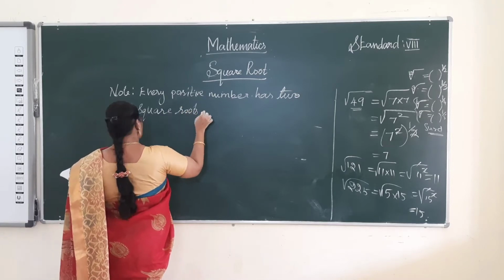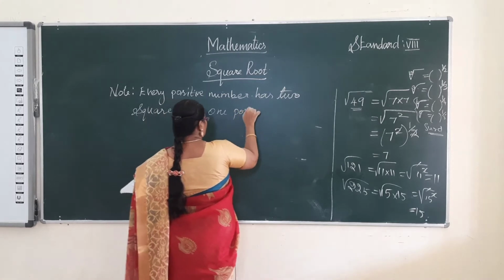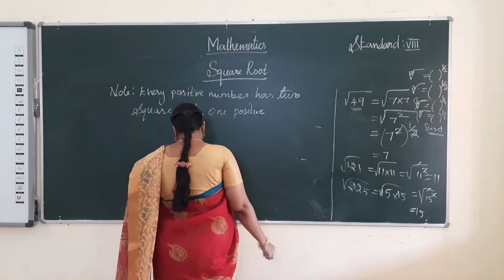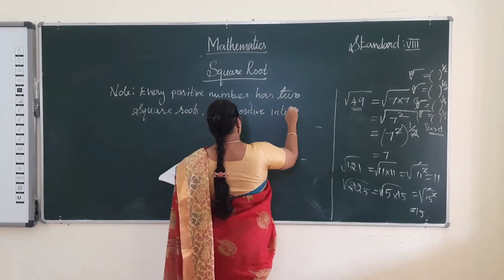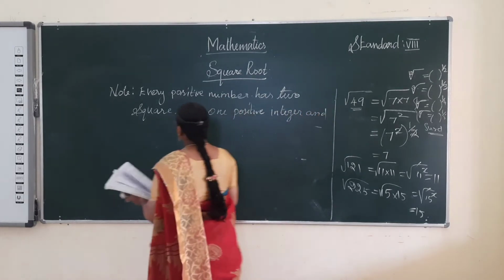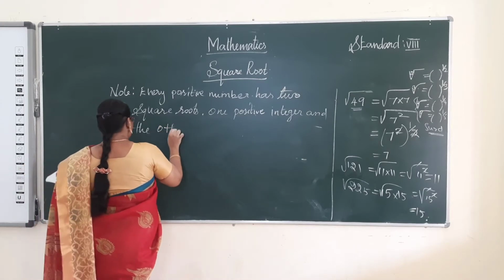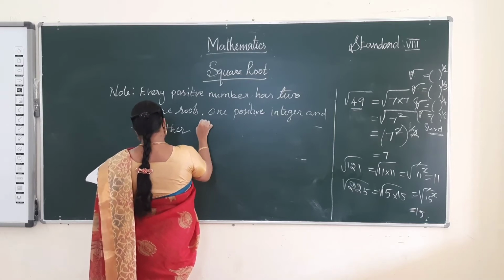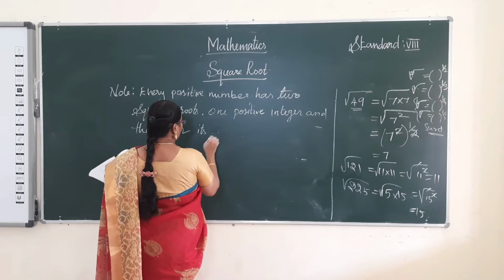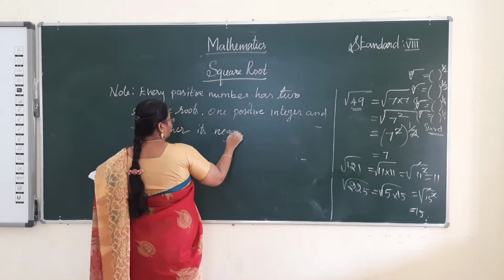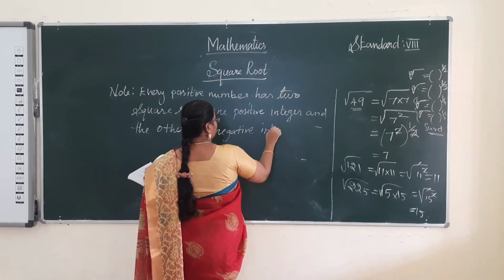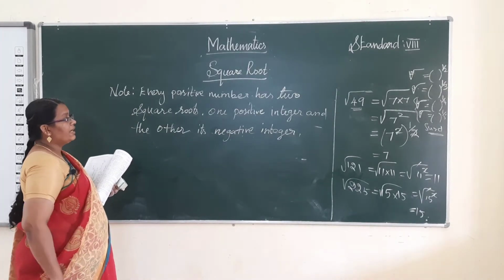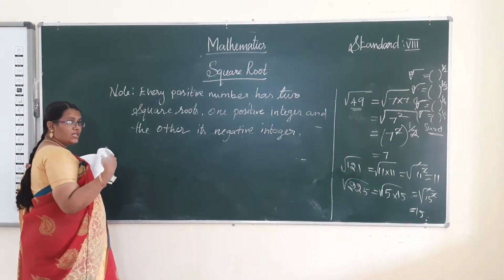One is a positive integer and the other is a negative integer. So minus 7 means plus 7.